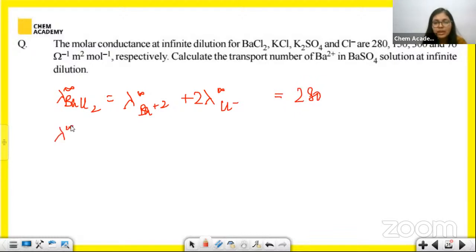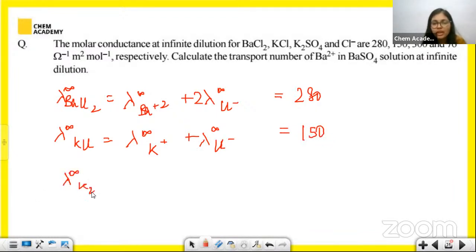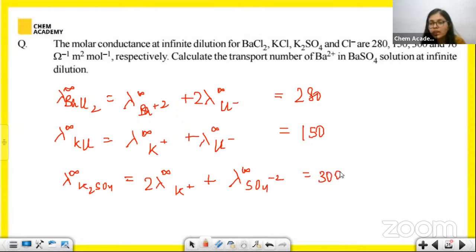We know that lambda m infinity of KCl is equal to lambda infinity of K plus lambda infinity of Cl minus. Its value is given as 150. Next we have K2SO4. So lambda infinity of K2SO4 is twice lambda infinity of K plus lambda infinity of SO4 minus 2, which has been given to be 300.